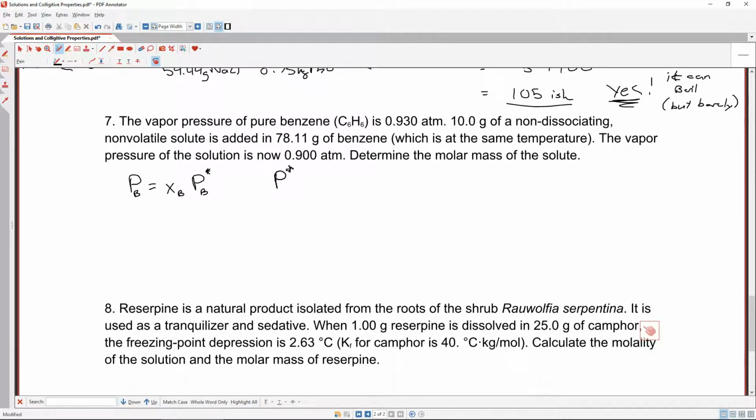So P star benzene is equivalent to the saturation pressure of benzene, which is also the vapor pressure of pure benzene, right, at equilibrium or whatever. It's a different notation. They mean the same thing. I like to use P star because that's the way I've been taught.